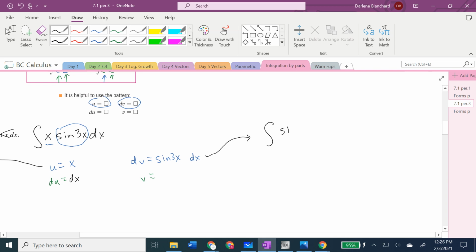I'm integrating sine of 3x. I'm making a u substitution of 3x. And yes, that's too many u's used in one problem, but oh well, live with it. And then I need to divide the 3 over to the other side.